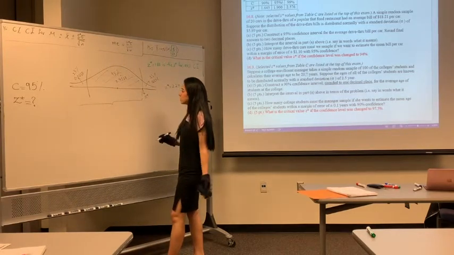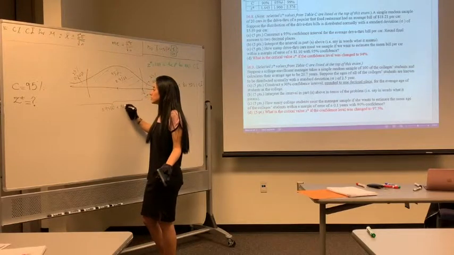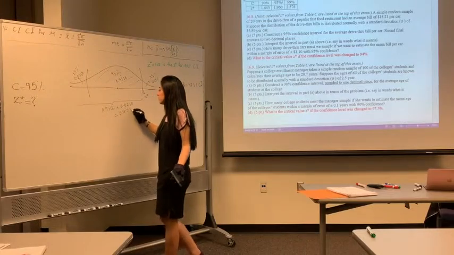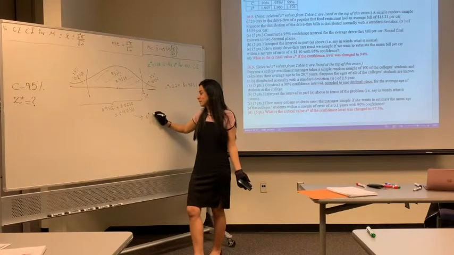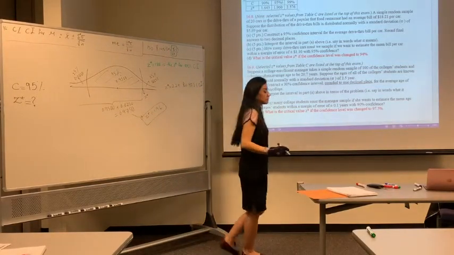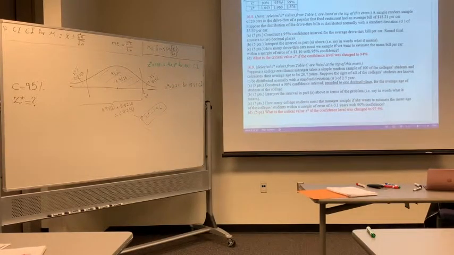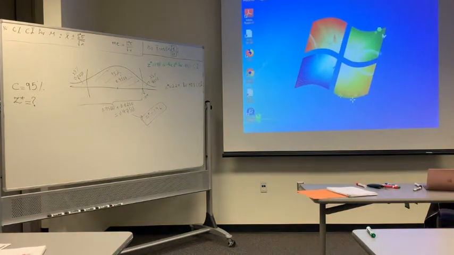Okay. Is that correct now? 0.95 plus 0.0250 is 0.9750. What is the Z star? 1.96. So as you see, this one is the same. Any questions? No? So you understood this, right?